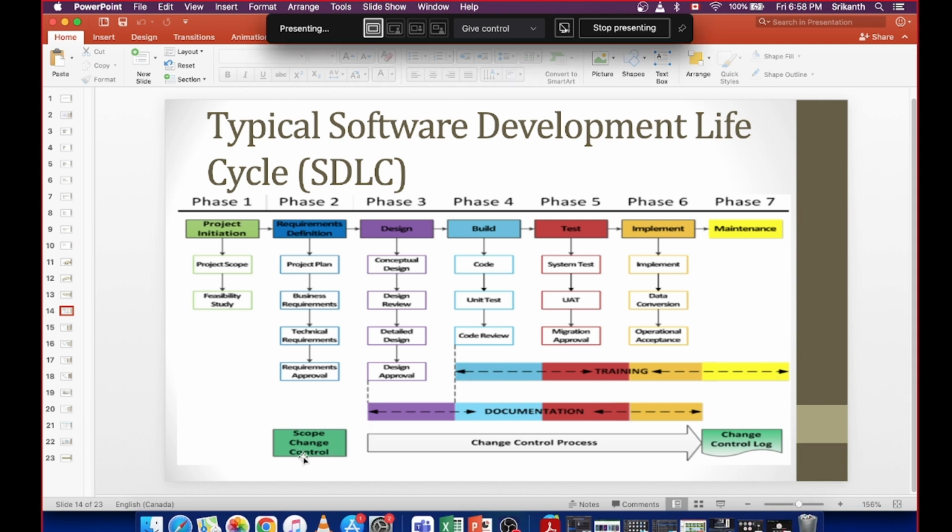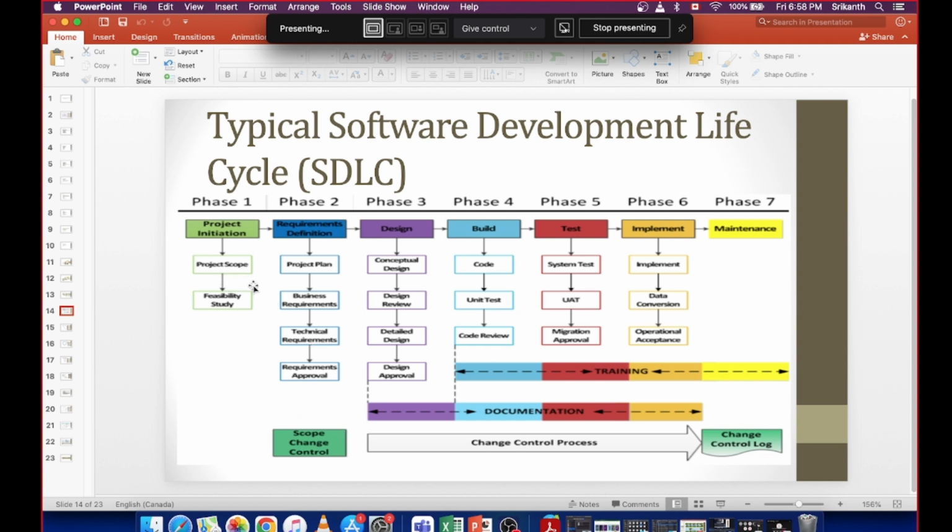And if you see in the bottom, there is something called scope change control process and change control log, right? So we have initially defined a project scope saying that only this part will be in this project and everything else out of this will be out of scope.